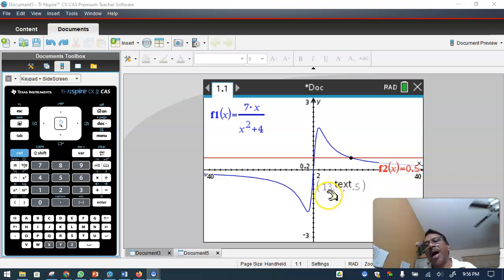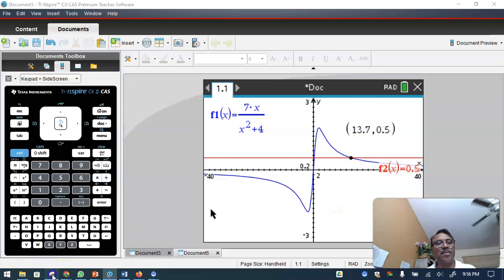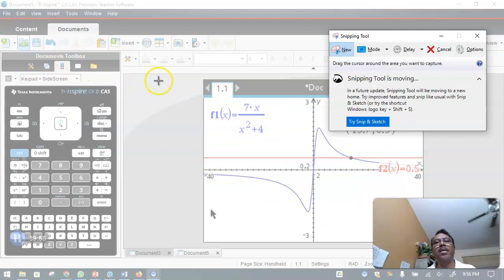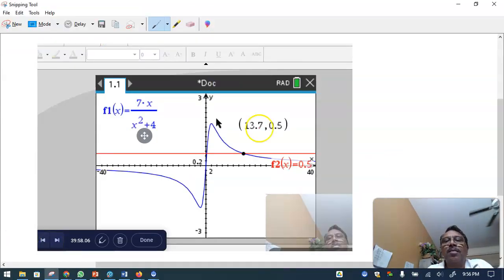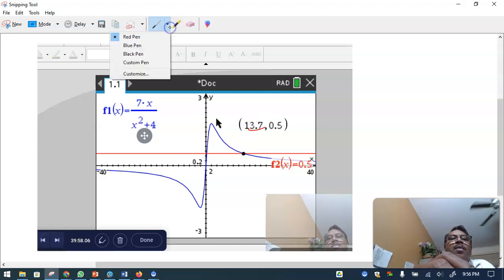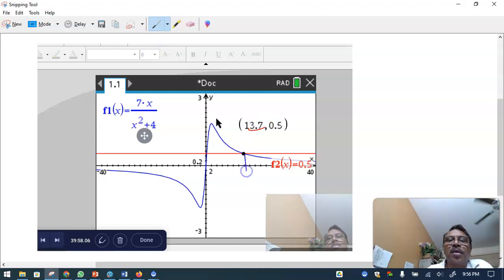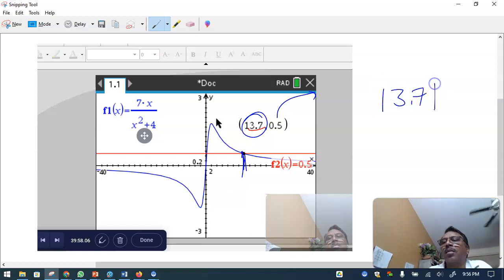That means what this basically means is that exactly at 13.7, the drug concentration is 0.5 milligram per liter. The moment it becomes 13.71, that crosses, and then it is going to be less, it goes down.